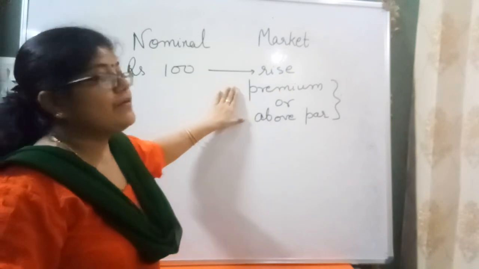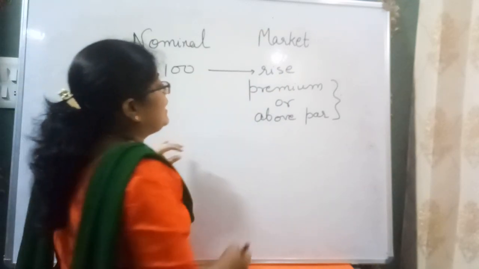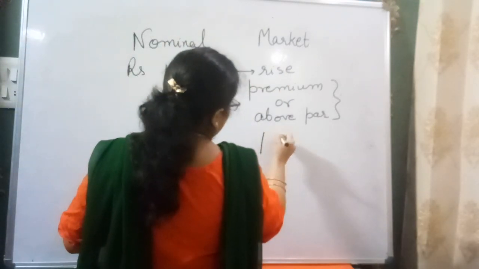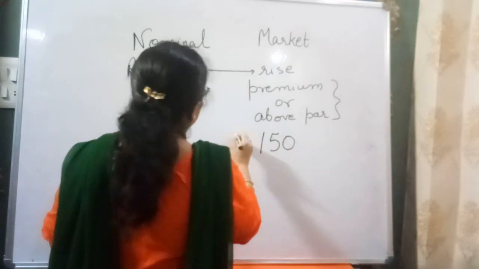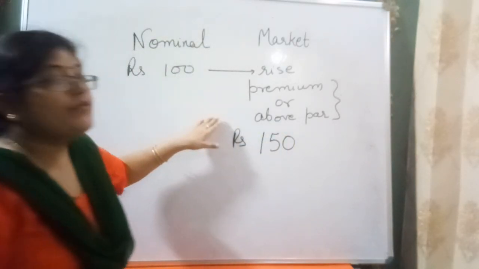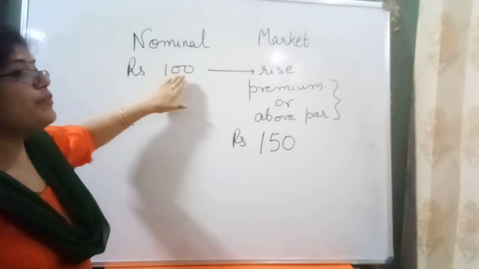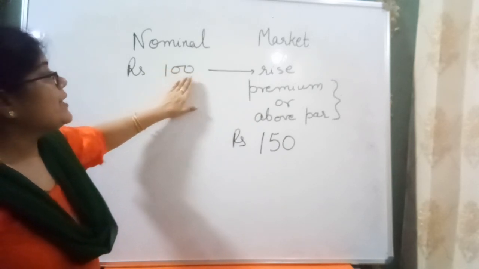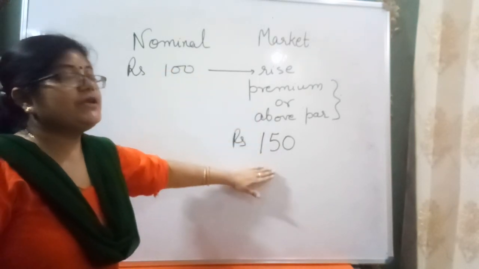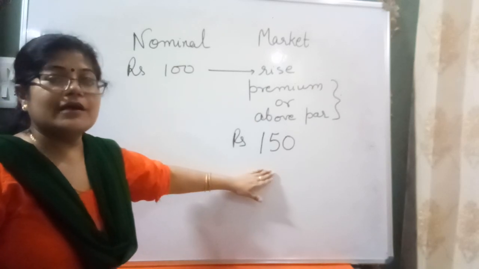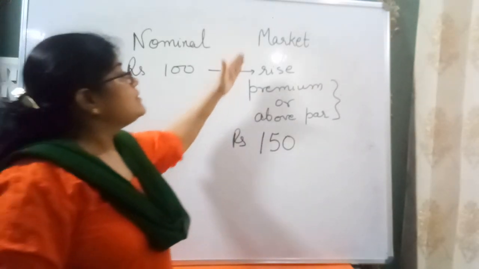For example, I have given that there's a hike to 150 rupees. That means the share which has the nominal value of rupees 100 is now available in the market at rupees 150. Clear? And this is known as the market value.